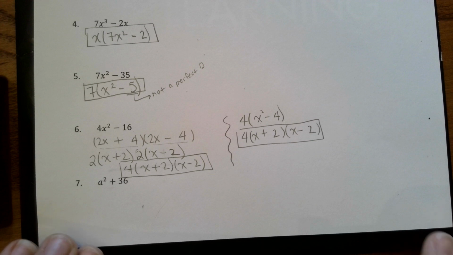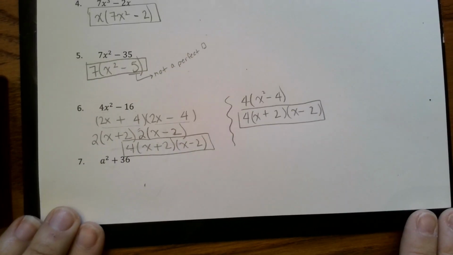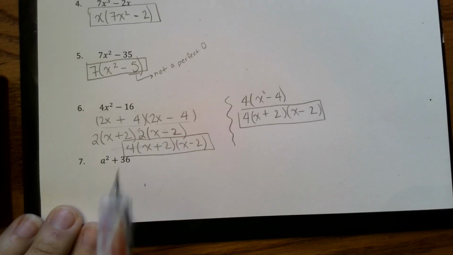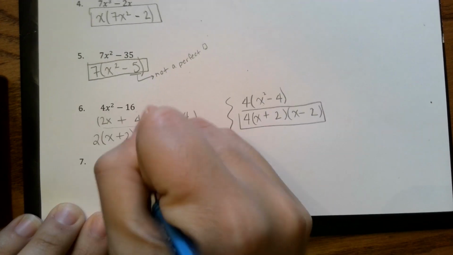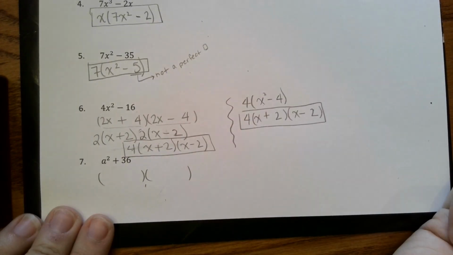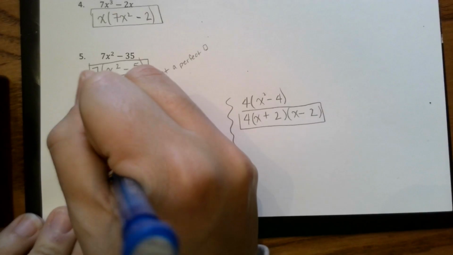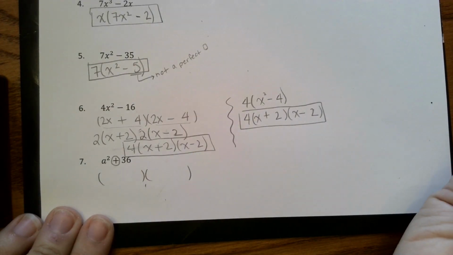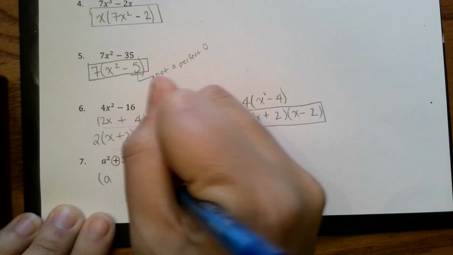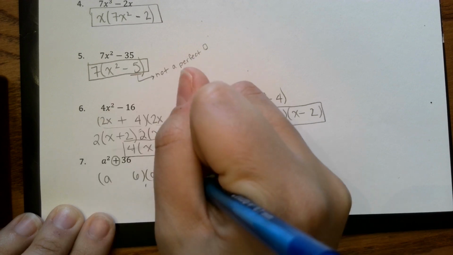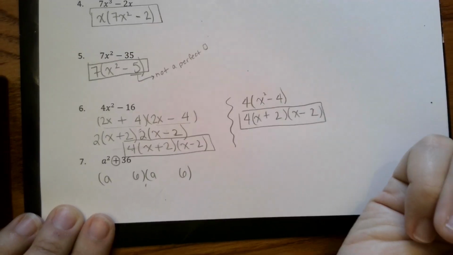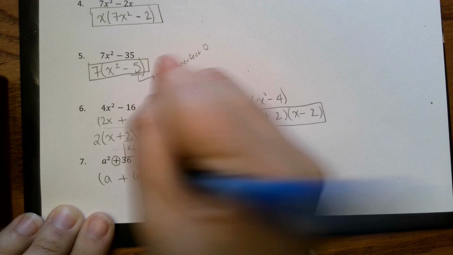Now, if we look at our last one here, number 7, a lot of students see the a squared and the 36, and they automatically start creating their binomials. But the problem here is that we're adding. And if you think about it, in order for the middle term to cancel, these two signs have to be different.